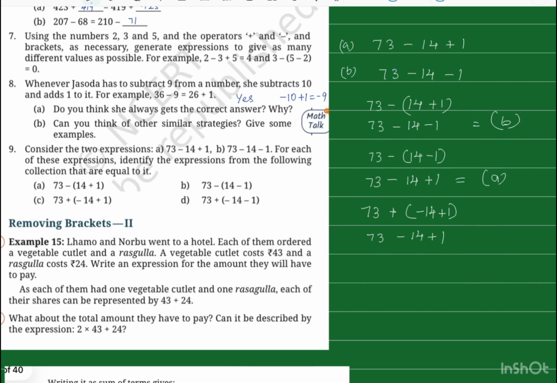So it will become 73 minus 14 plus 1, that is A. Next question: 73 plus (minus 14 minus 1). When we open the bracket, it will become 73 minus 14 minus 1, that is equal to B.